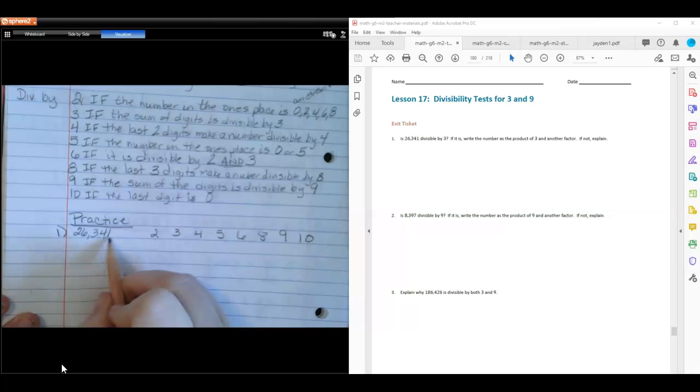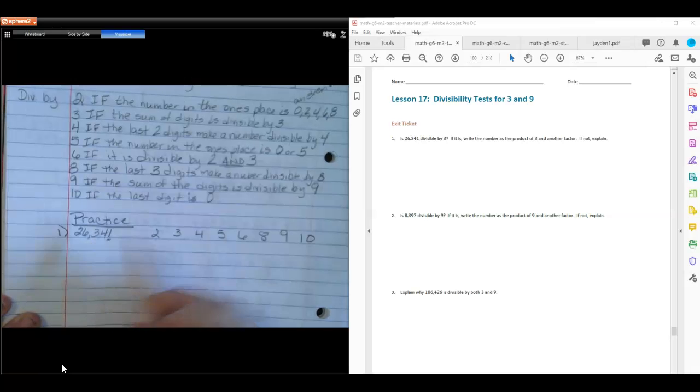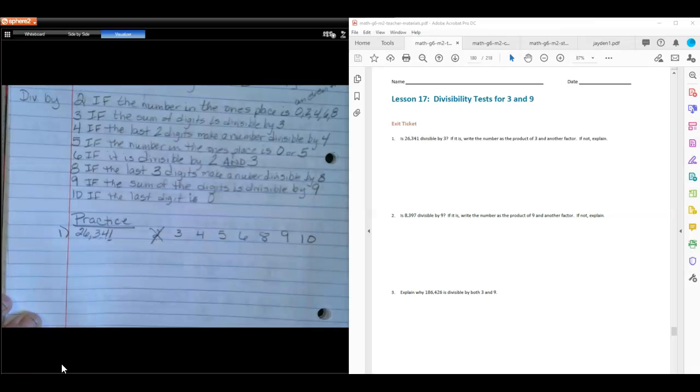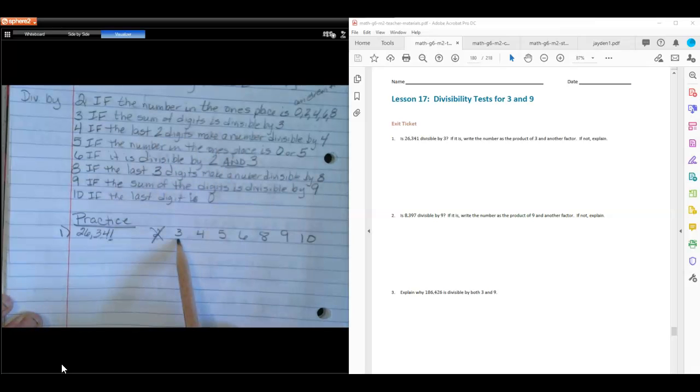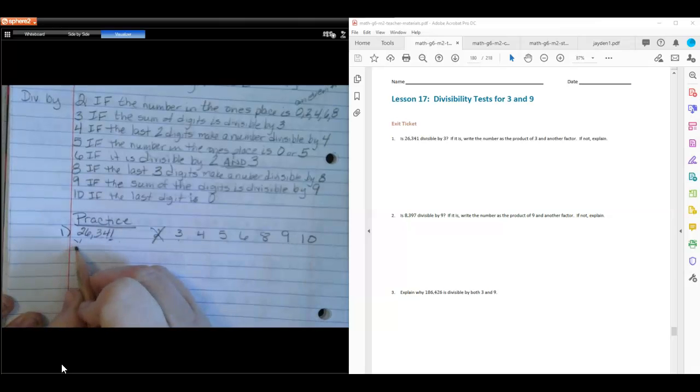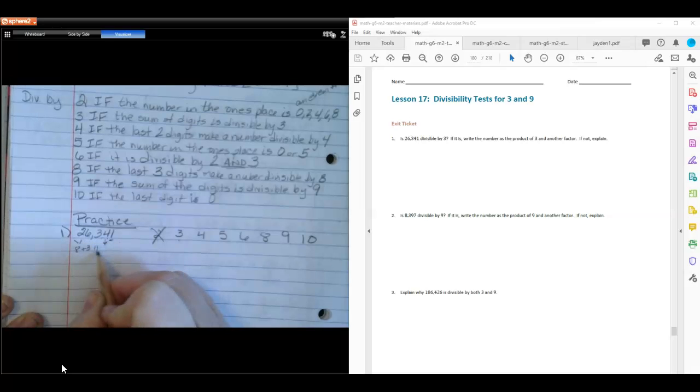Our number 2 says to look at the ones digit. Well, if the number in the ones place is 0, 2, 4, 6, 8, it's not, so no. The sum of the digits is divisible by 3, then the whole thing is divisible by 3. So 2 plus 6 is 8, plus 3 is 11, plus 4 is 15, 16.